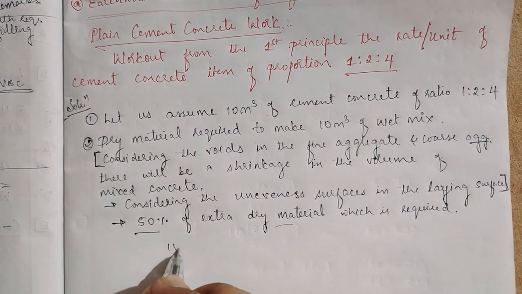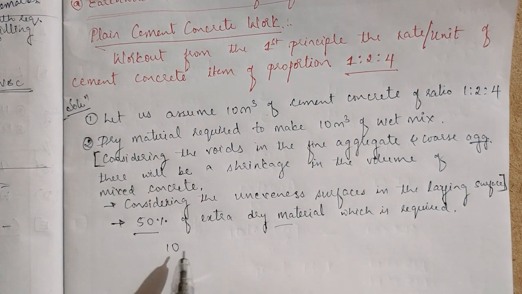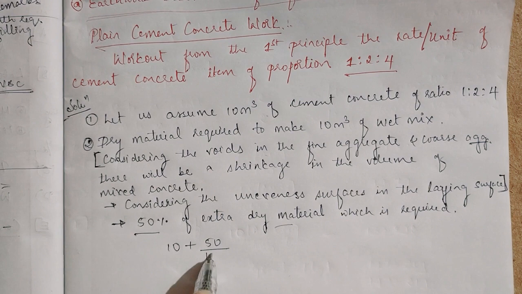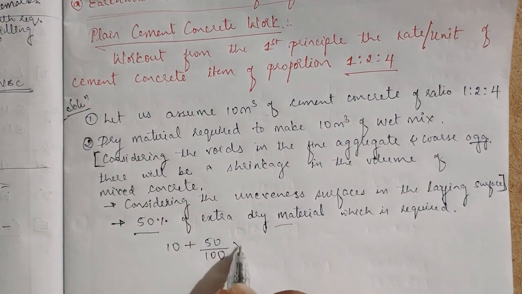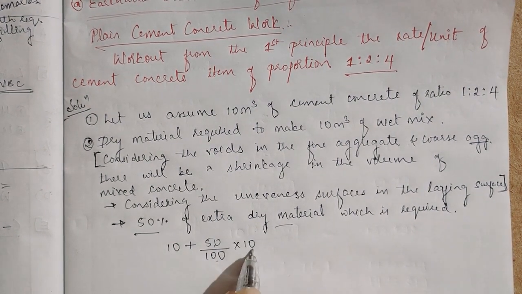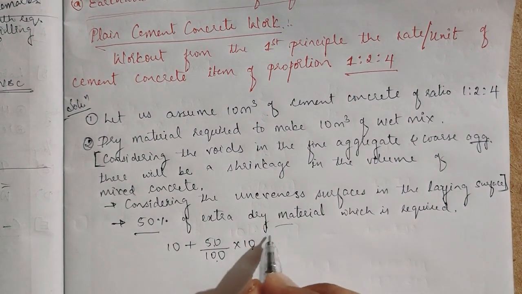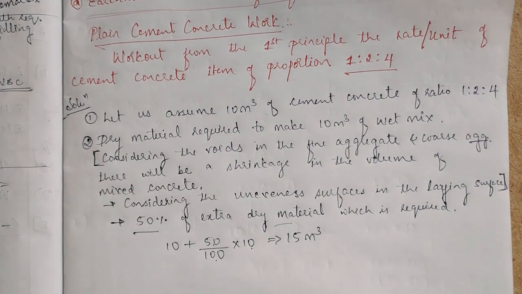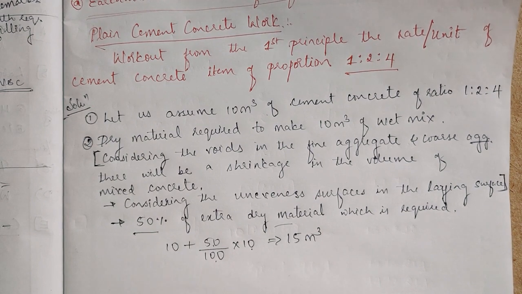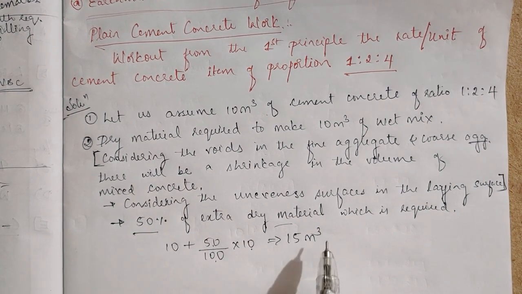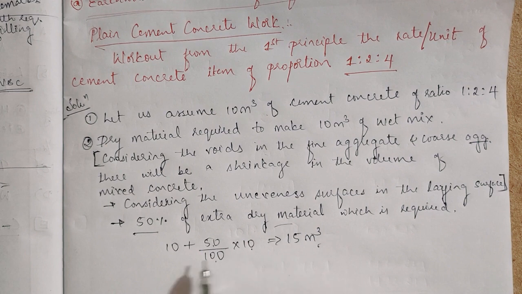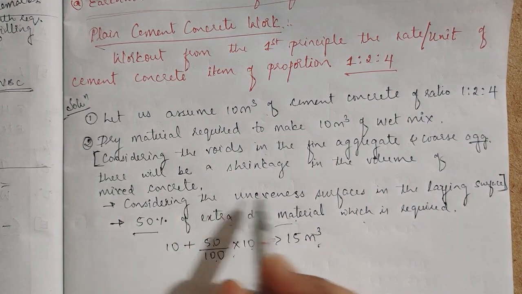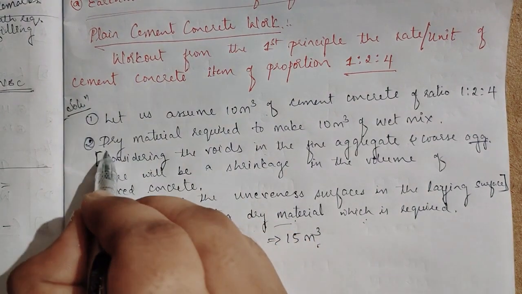So the 10 meter cube which you took, then I'll add extra 50% of the 10 meter cube, so it will fetch me about 15 meter cube. So this 50% extra dry material is required considering this point.